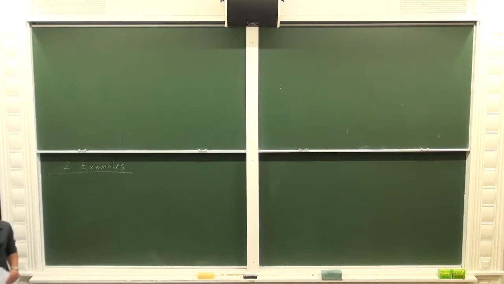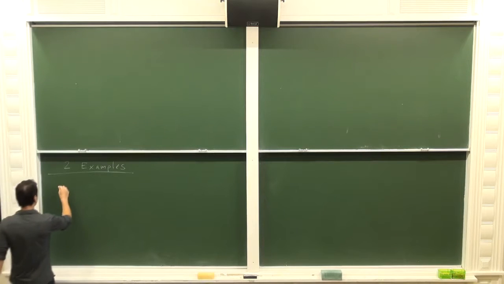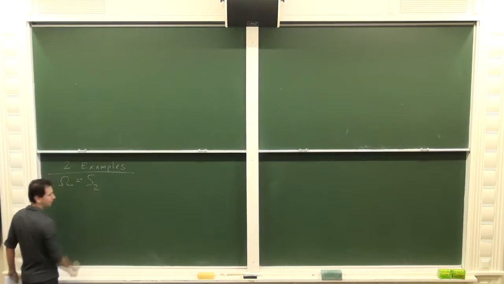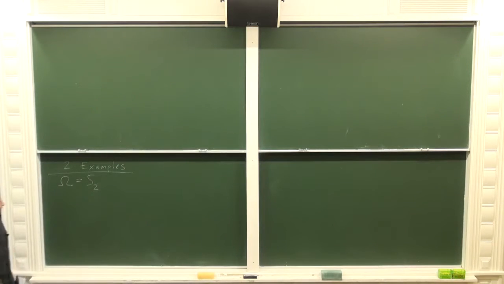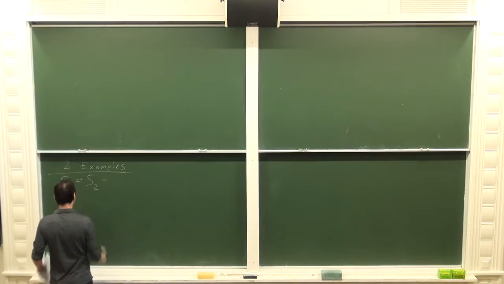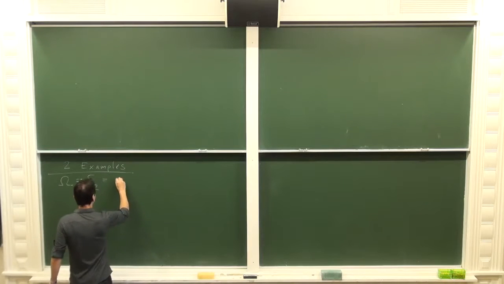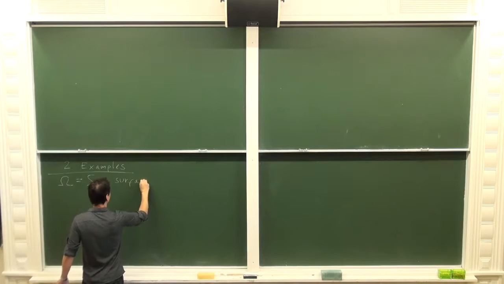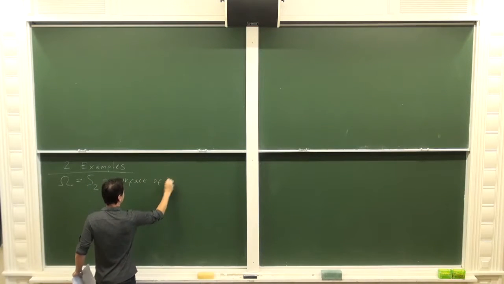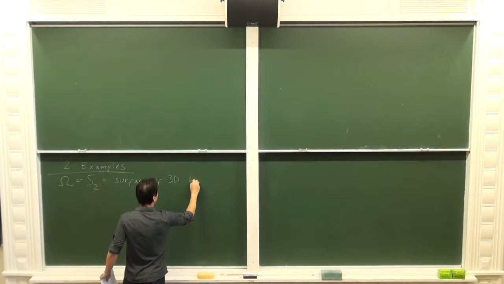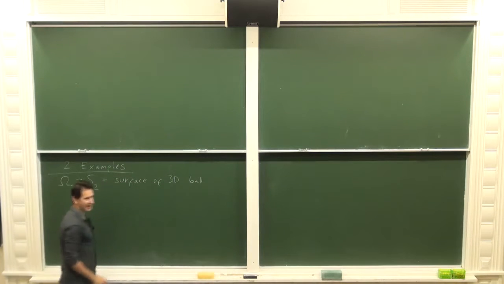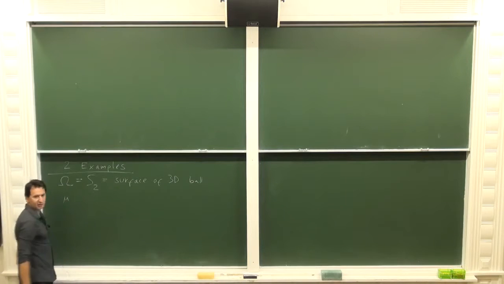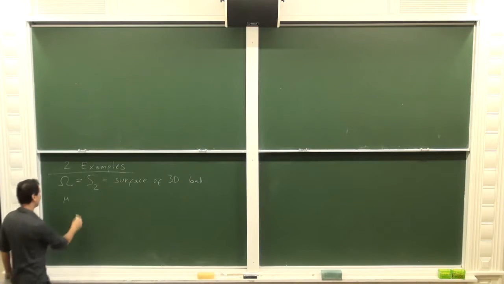The first example is a graphon which is defined on the probability space, which is the surface of the two-dimensional or the three-dimensional ball. And the probability measure on omega is just a uniform measure on the sphere.